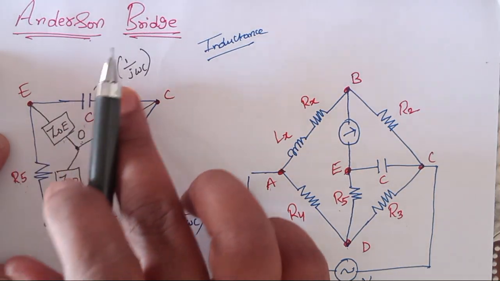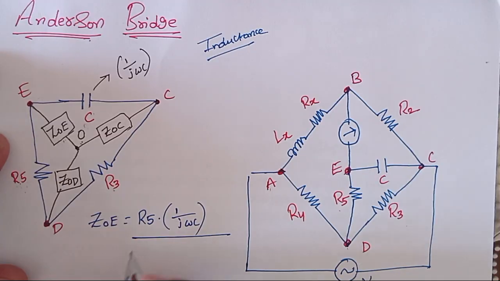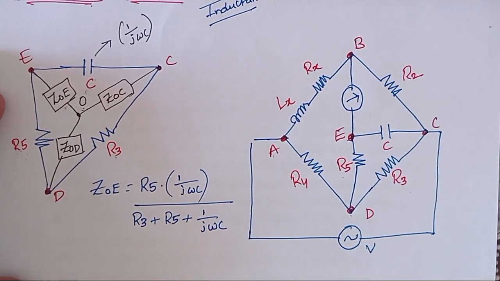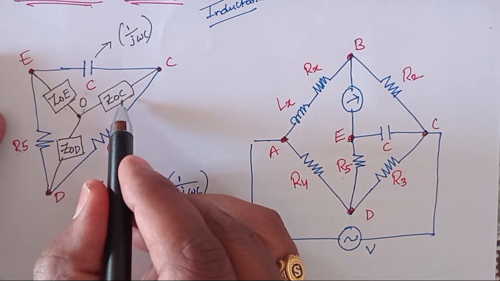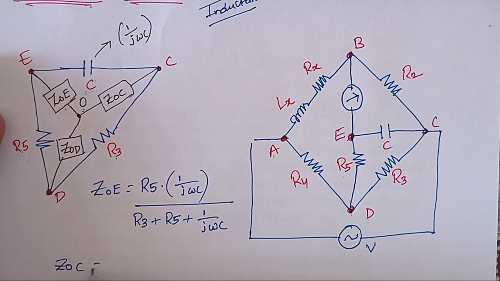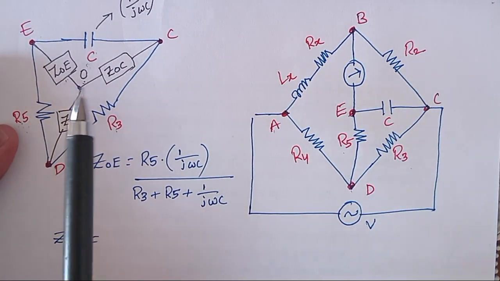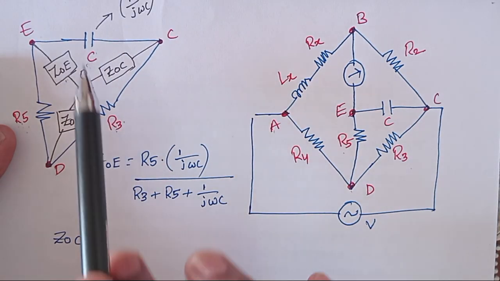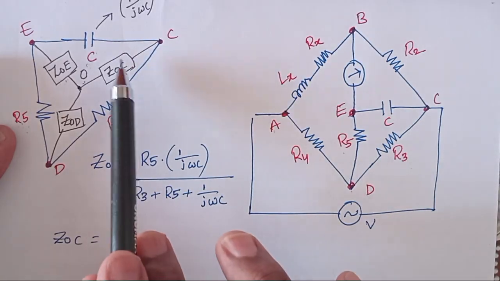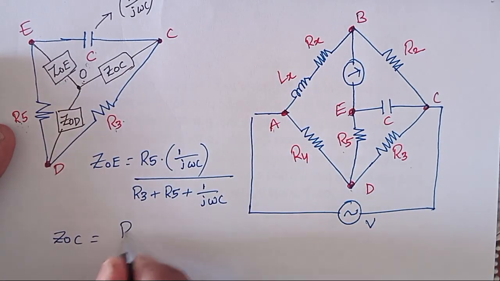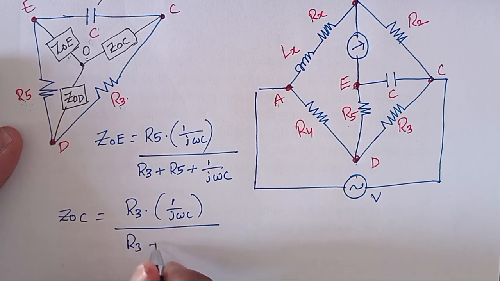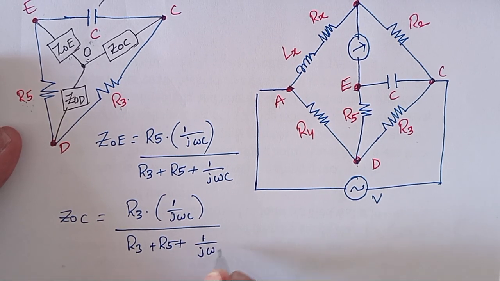Now this one into this one by the total, R3 plus R5 plus 1 by j omega C. It is ZOC. Now I will write the conversion formula for ZOC. This ZOC exists between C and R3. So ZOC equals R3 into 1 by j omega C by the total, R3 plus R5 plus 1 by j omega C.